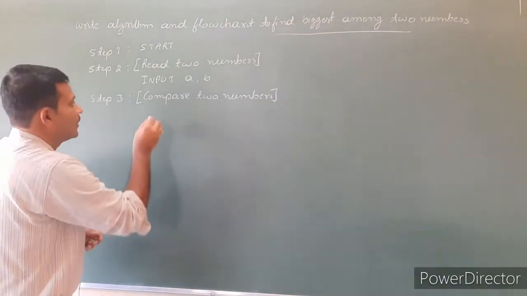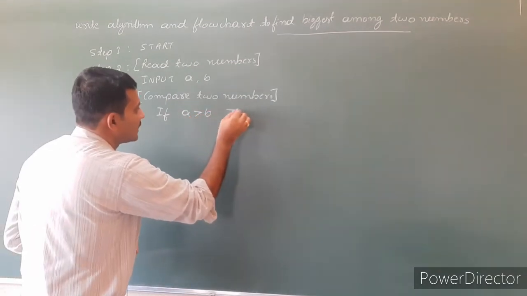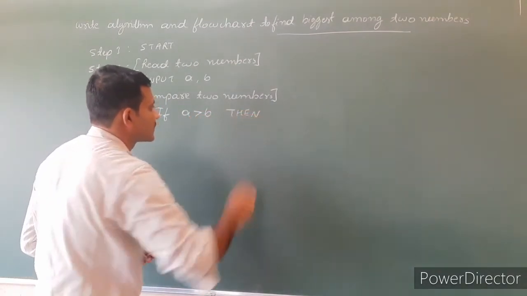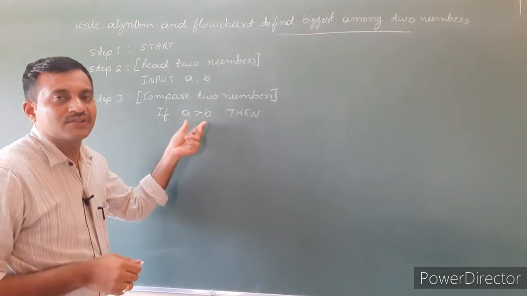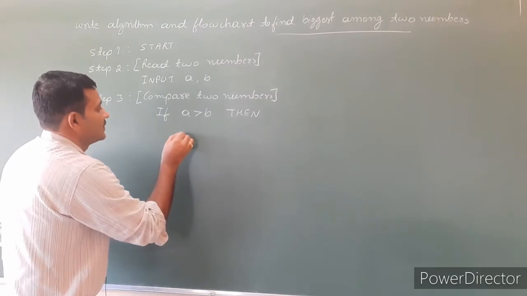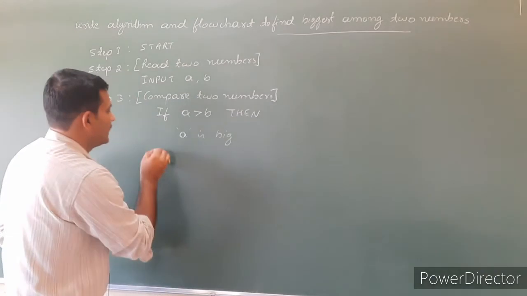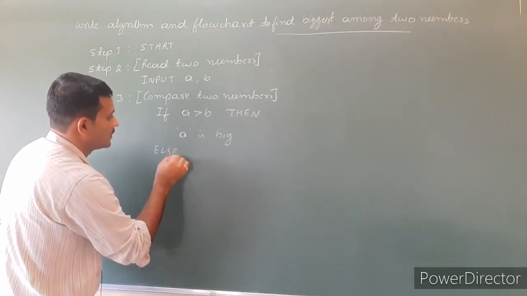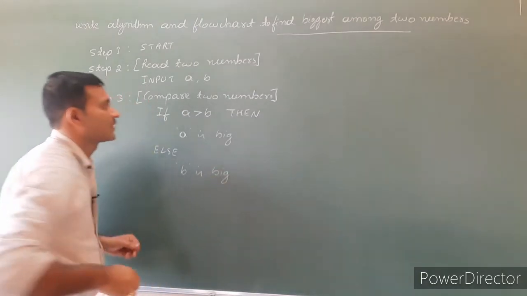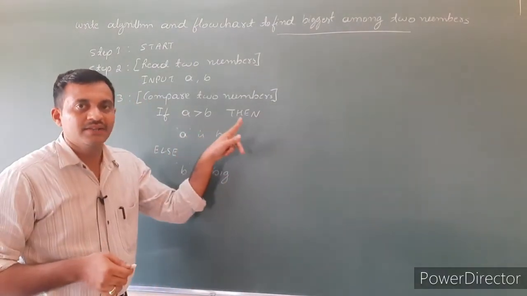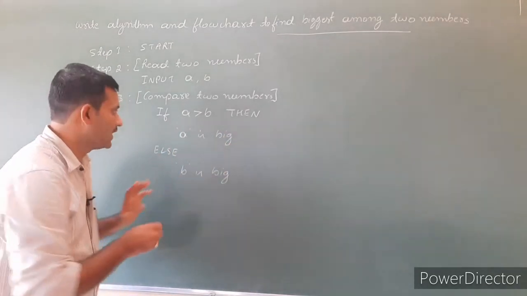Compare two numbers. How to compare? If A is greater than B, if it is true, then A is big, else B is big. If A is greater than B, then A is the biggest, else B is the biggest.